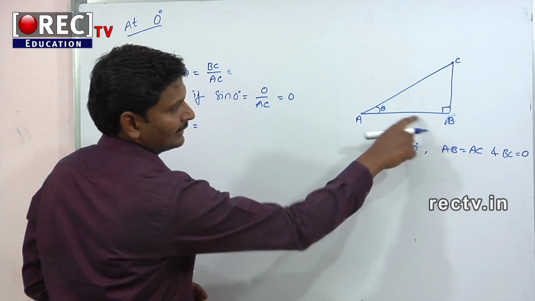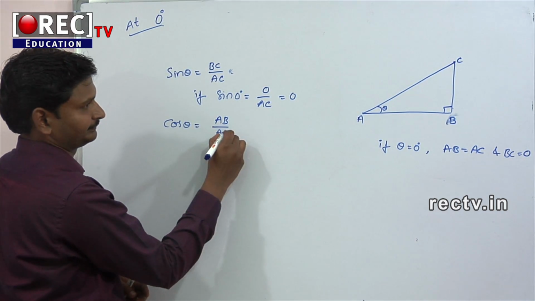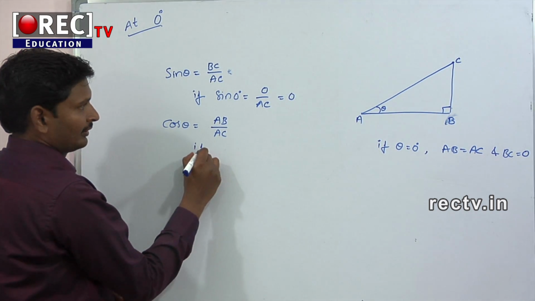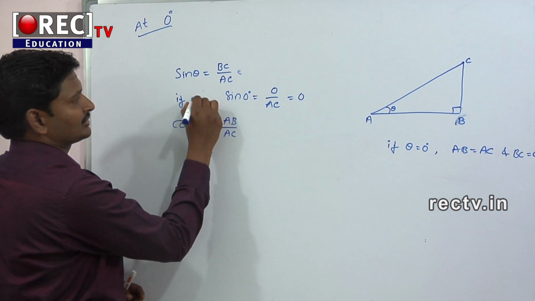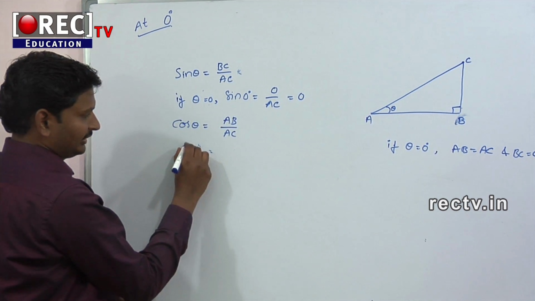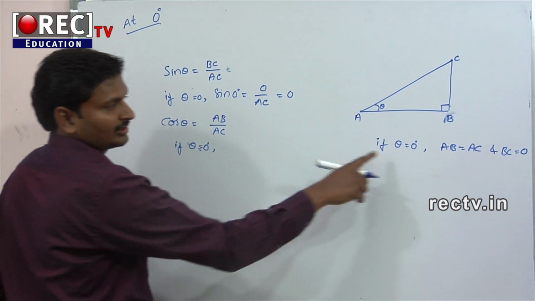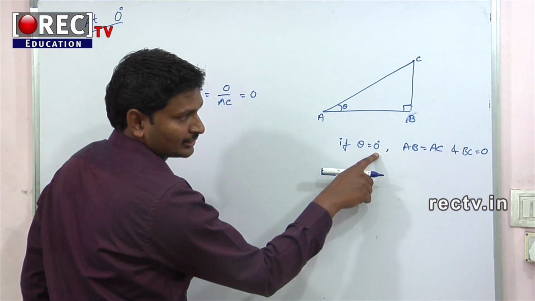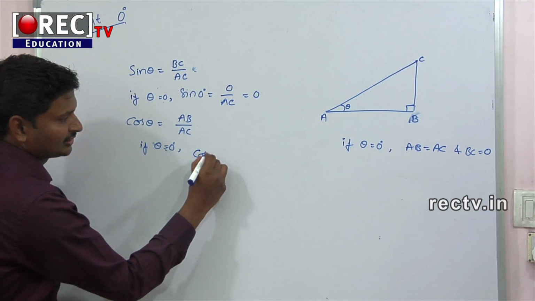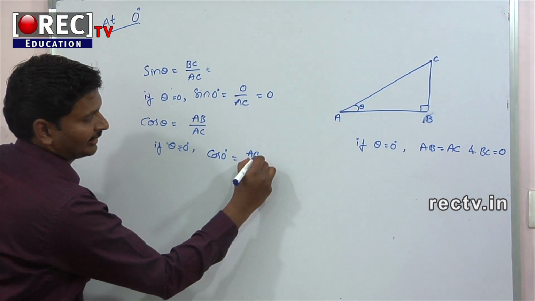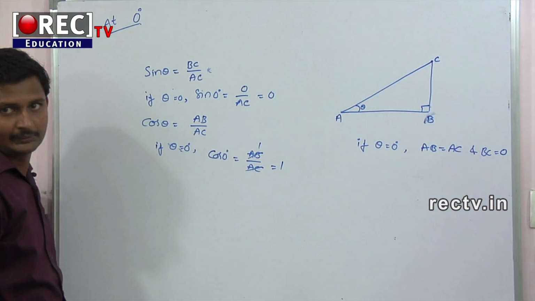What is adjacent side? AB is the adjacent side and hypotenuse is AC. So, if theta is equal to 0, cos 0 degrees, AB is equal to AC. That means cos 0 degrees is equal to AB divided by AC. Both the values are same and that value becomes 1.